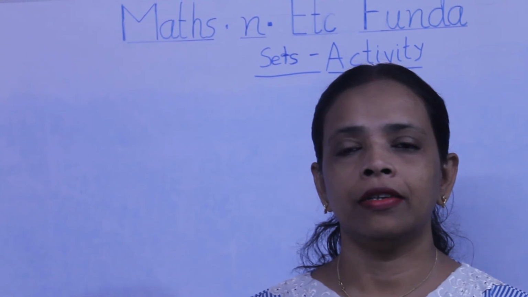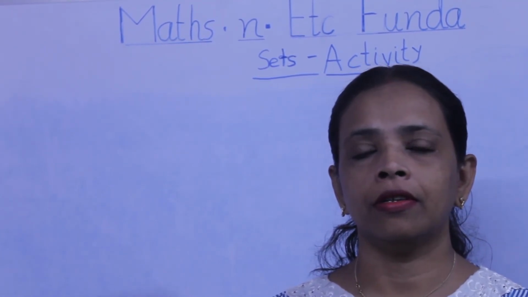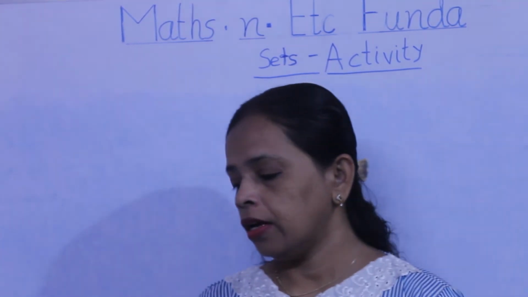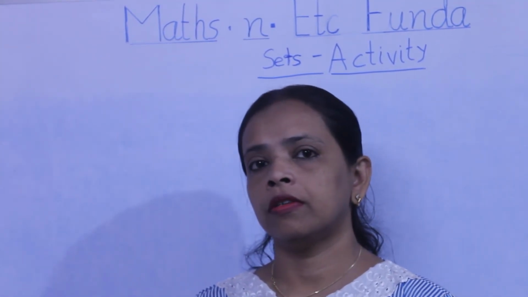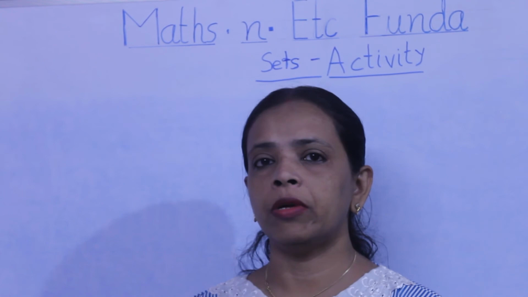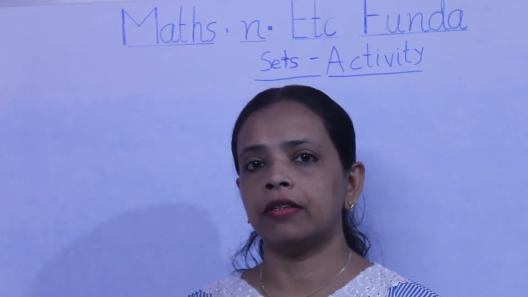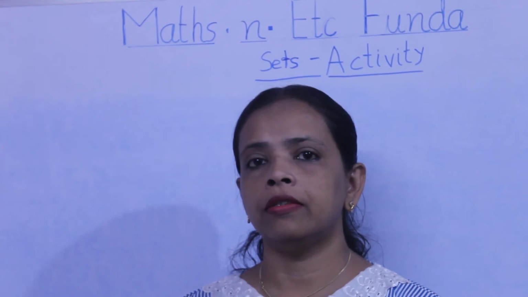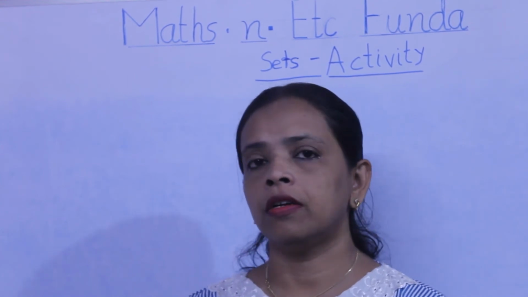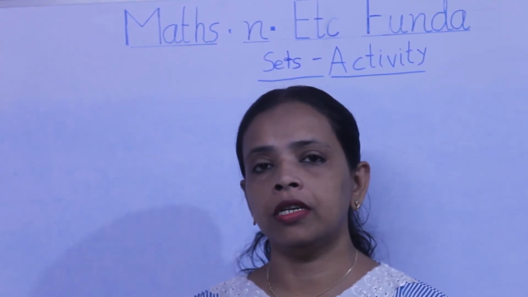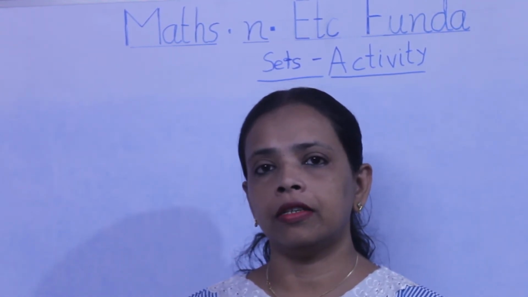Now students, let's do some activity on sets. First, take 2 sets. One set contains elements of odd numbers less than 30 and the second set contains elements that are multiples of 3 and less than 30.